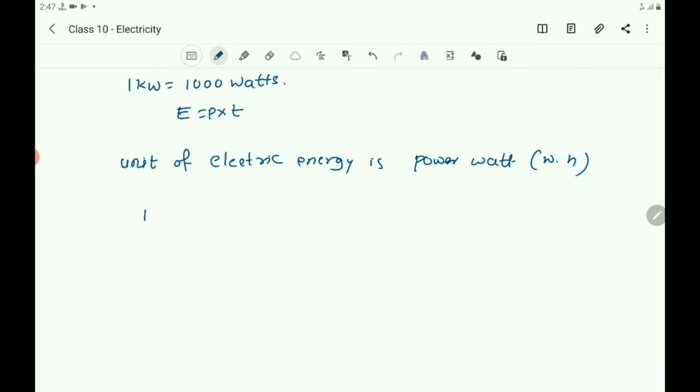So 1 watt hour equals the energy consumed when 1 watt of power is used for 1 hour.